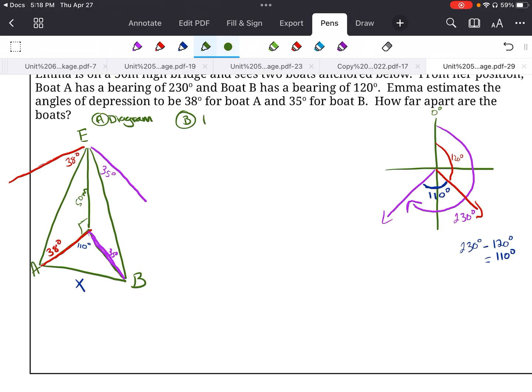B is the process, which we have solved for angle B, which we did.